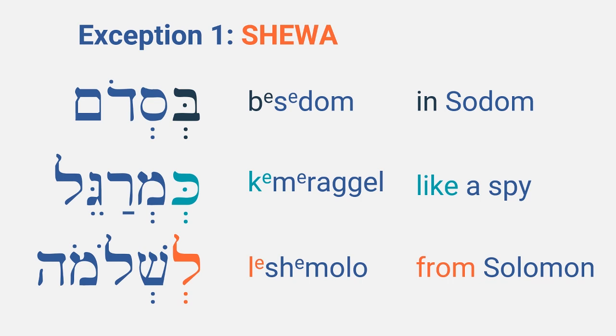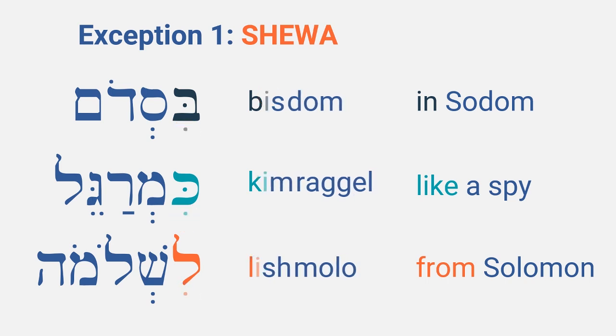We never talked about what happens if you have 2 shewas at the beginning of a word. And there's a reason for that. It never happens. But what does happen then? The first shewa in these circumstances becomes a hirek, which is a short vowel. And then the second shewa automatically becomes silent.